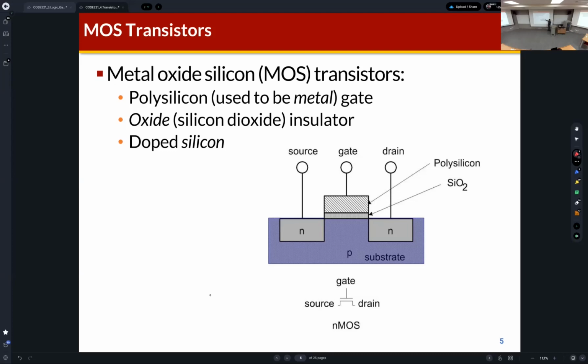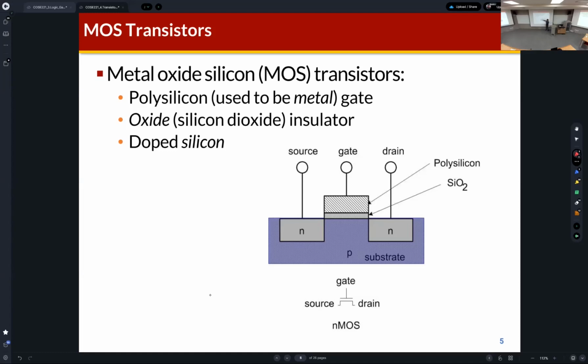As you can see, this is the gate, this is the source, this is the drain. MOS transistor has 3 terminals. I also explained the basic property of this transistor. This is the figure of the NMOS transistor.